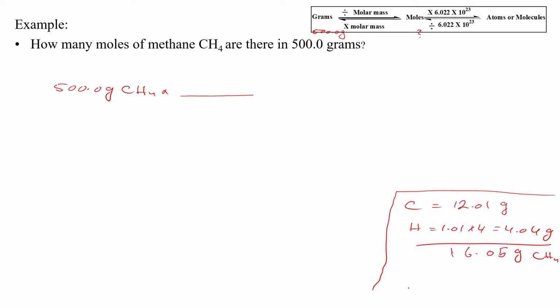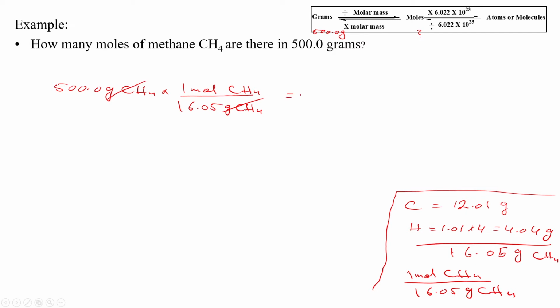When we write it in conversion factor form, it is 1 mole of methane is 16.05 grams of methane. Okay, we need to get rid of the gram here, so we are going to write 16.05 gram methane in the denominator, and the top is going to be 1 mole of methane, and that's it. That's all you have to do, one step.